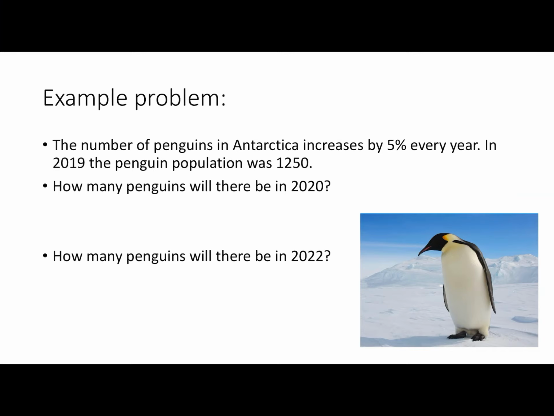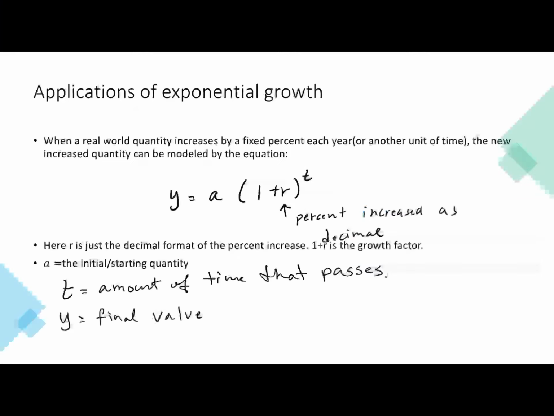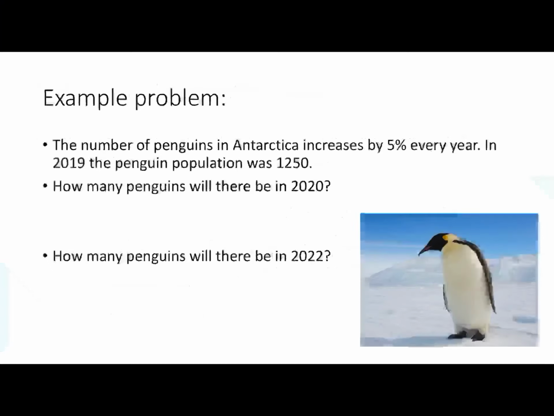Well, if we go back, we can copy down our format, where y equals 1 plus r to the power of t. Here, y equals your initial value, and the initial value in 2019 is your population of penguins, 1,250.